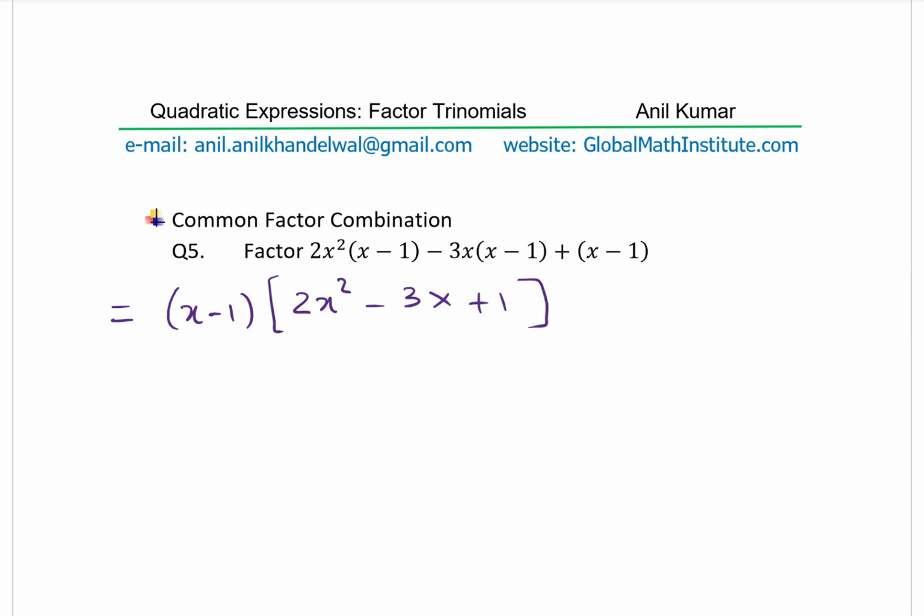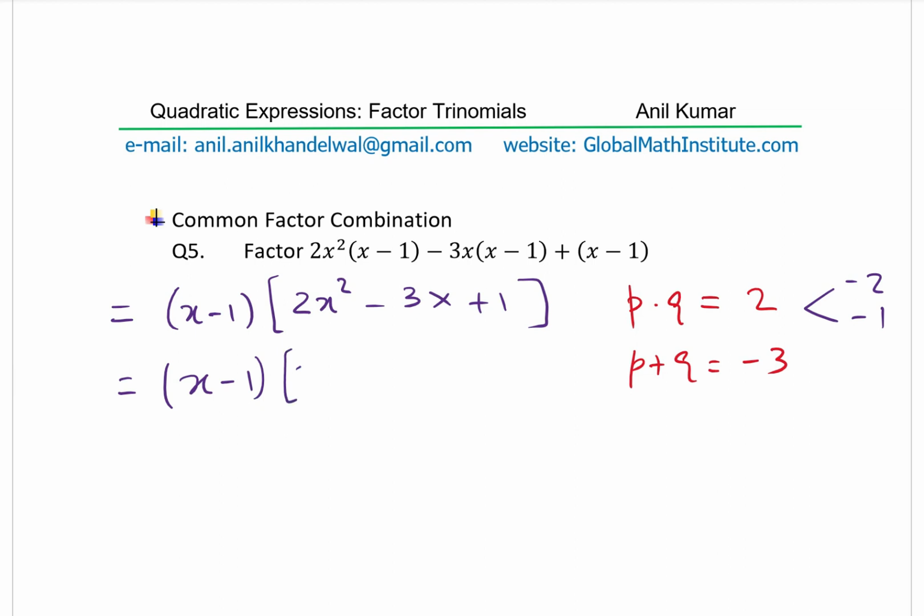Now, the leading coefficient is 2. Let's find product and sum. Product is 2 times 1 and the sum of the two numbers is minus 3. The combination which can result is minus 2 and minus 1. So we'll split the center term with minus 2 and minus 1. So we get 2x squared minus 2x minus x plus 1.